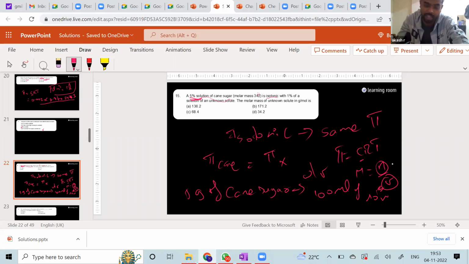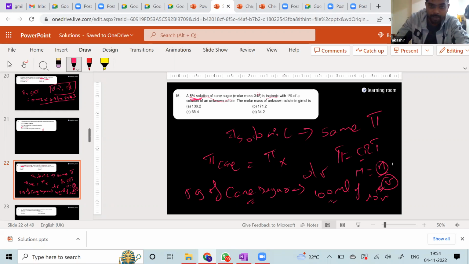W by W is the weight of solute present in 100 grams of the solution. Same way for volume by volume, it is the volume of solute present in 100 ml of the solution. So when I say 5% W by V, that means 5 grams of cane sugar is present in 100 ml of the solution.